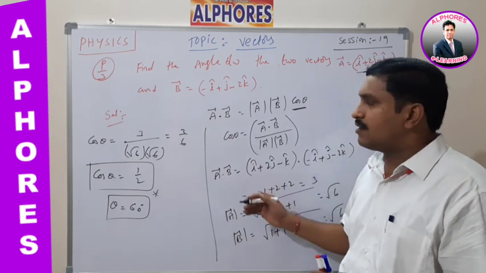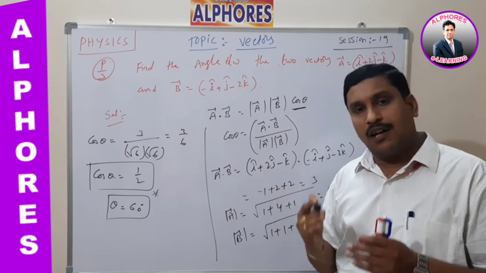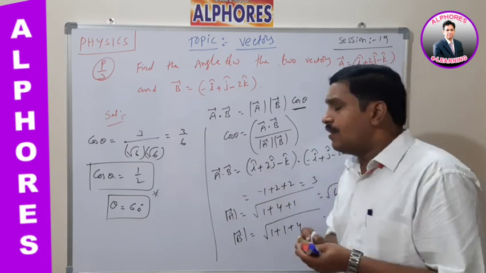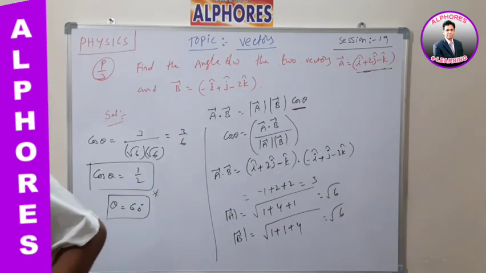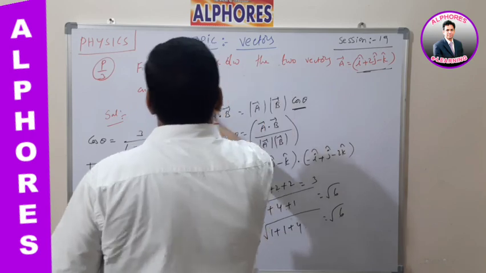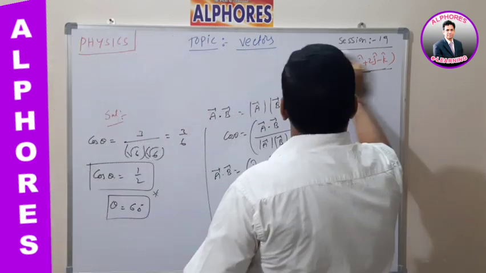So this is the method to find the angle between two vectors from the dot product. Now I have to give one more problem based on this dot product of vectors. These problems are very important.